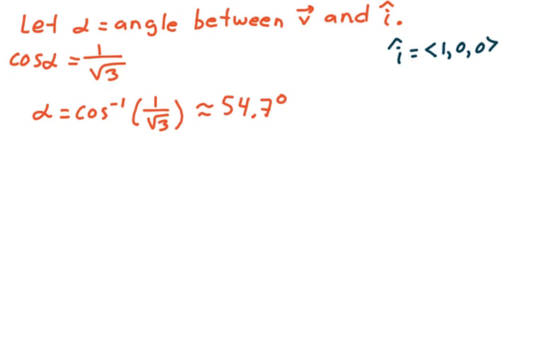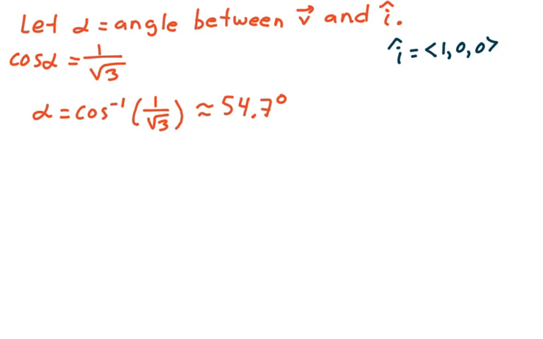Now, cosine of alpha is equal to 1 over the square root of 3, right? So, in other words, I take the first component of v, which is 1, and I divide it by the magnitude of v, which is the square root of 3. And so alpha is the inverse cosine of 1 divided by the square root of 3, which is approximately 54.7 degrees.